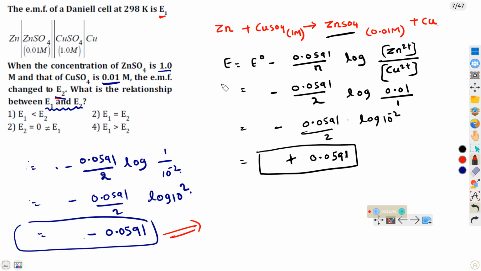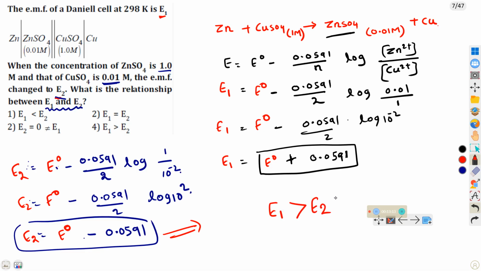So substitute: EMF is E1, E0 plus 0.0591; E2, E0 minus 0.0591. So what is the relation between E1 and E2? The relation between E1 and E2 is E1 greater than E2.